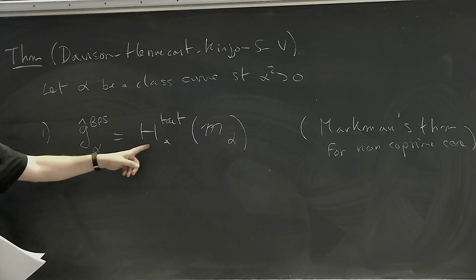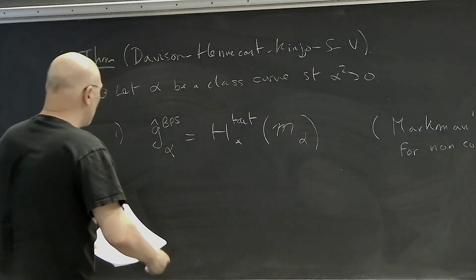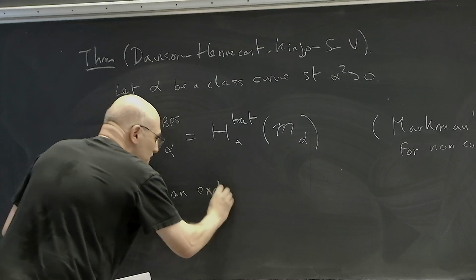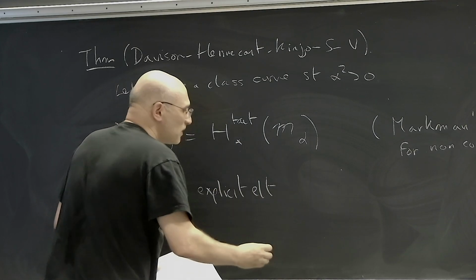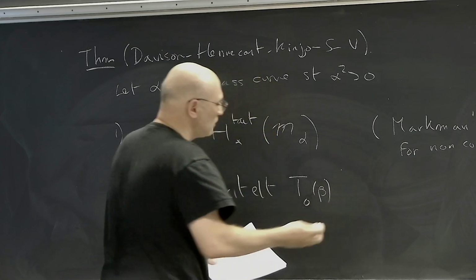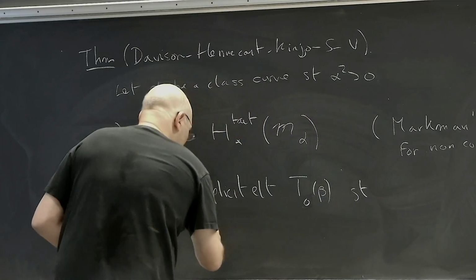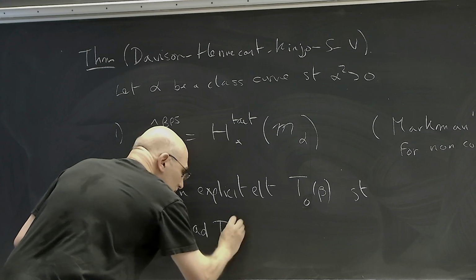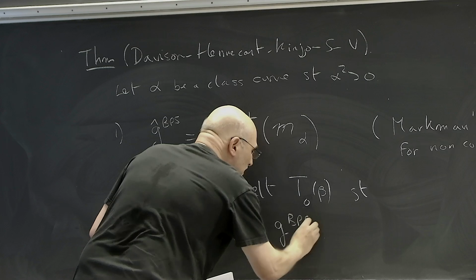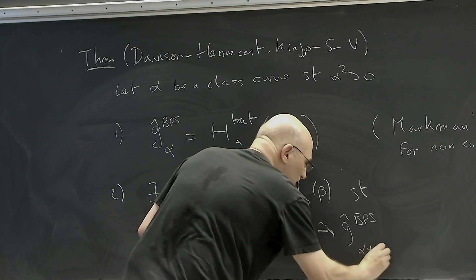Okay, so we're happy because we have the tautological classes. And we know how these algebras act on the tautological classes. And then the second part is that there exists an explicit element, it's actually something like T0 beta, whatever, such that the adjoint action by this element gives us an isomorphism between this affinized BPS Lie algebra of class alpha and the affinized BPS Lie algebra of class alpha plus delta.